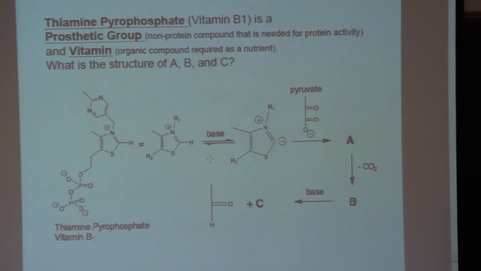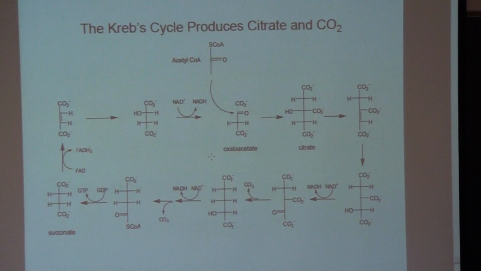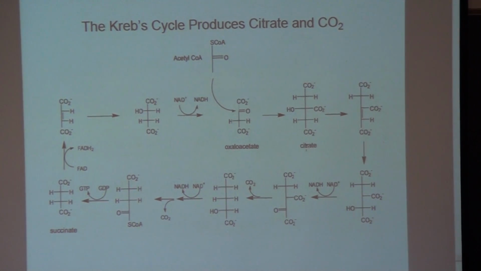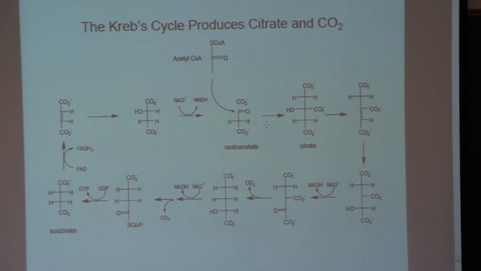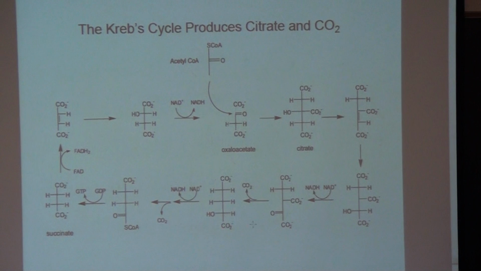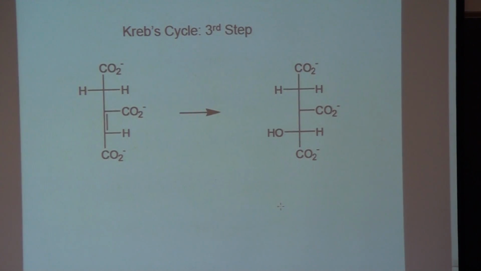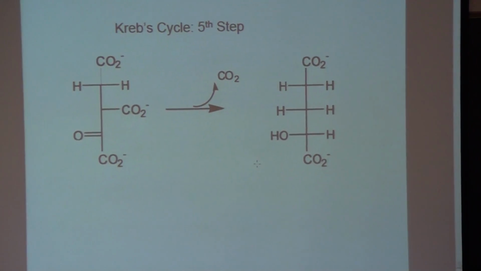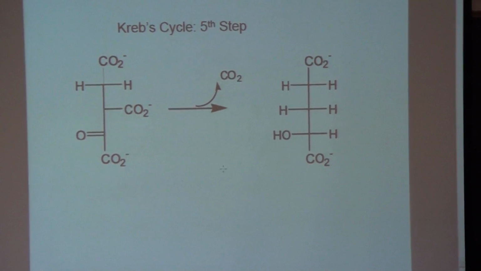And then, in the Krebs cycle, is there a decarboxylation reaction somewhere? Yeah, there's actually decarboxylation in this step here. That's step 4, or step 5, there's a decarboxylation reaction.